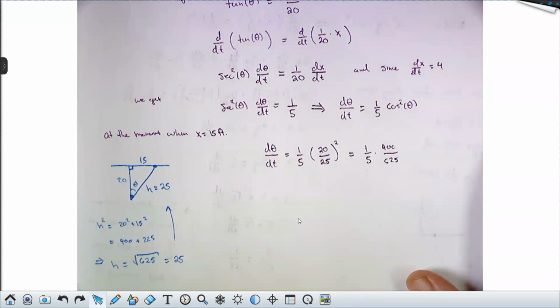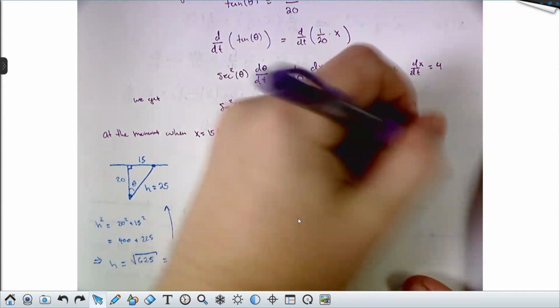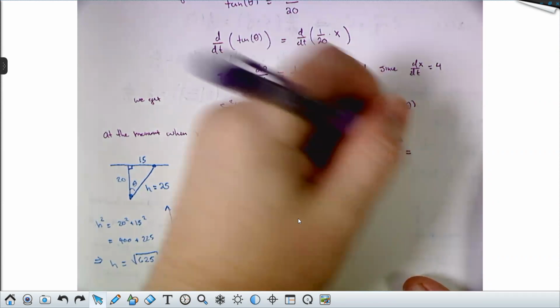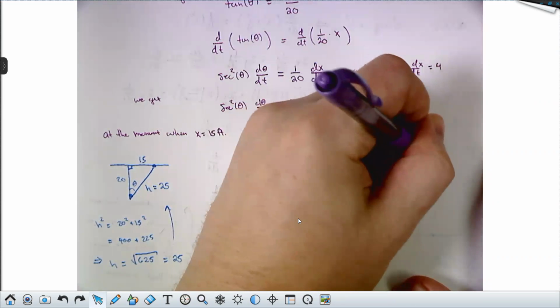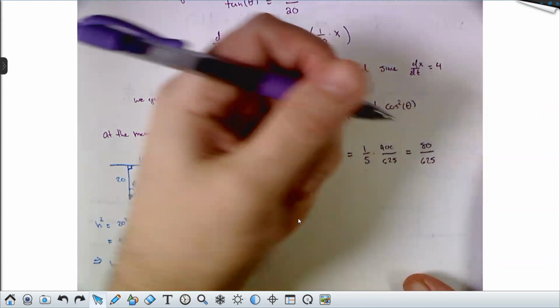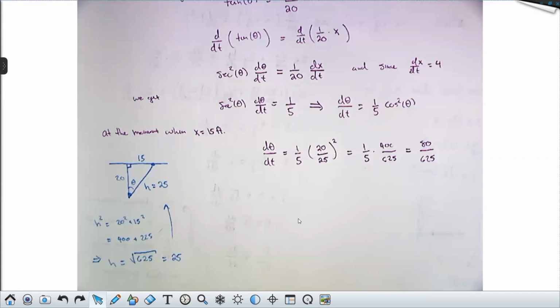What is that? 60? Yeah, I think so. Oh wait, no. What is 400 divided by 5? 80, right? Yeah. And we could clean it up further, but I'll just leave it at this.